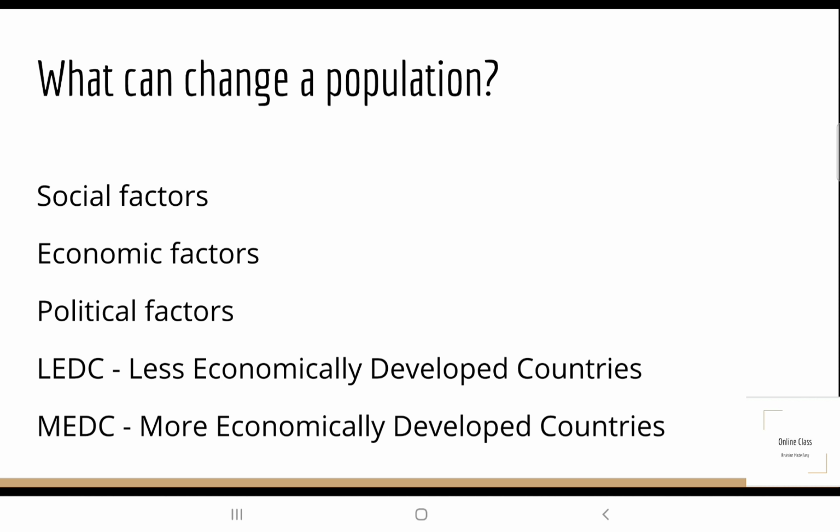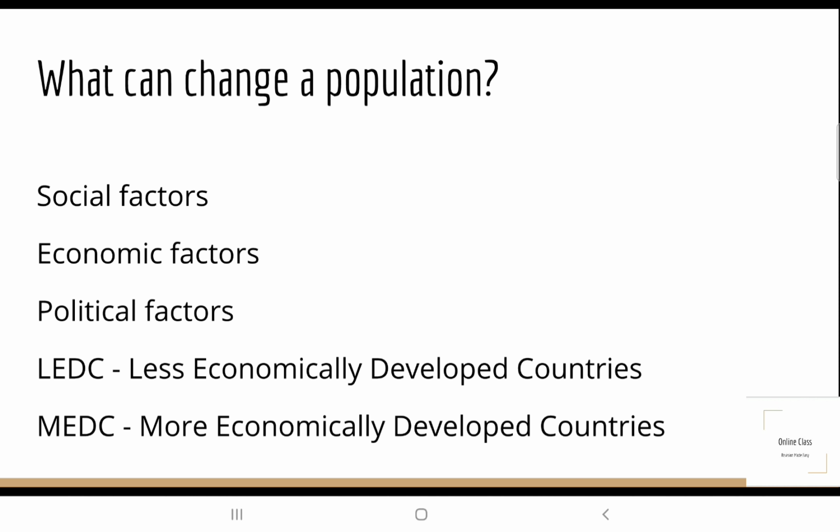So what factors can change a population? There are three main factors that are covered in this. You can have social factors, economic factors, and political factors. Also, in these exams and in your lessons, you will see the abbreviations LEDC and MEDC. The LEDC is the less economically developed countries, and the MEDC are the more economically developed countries.